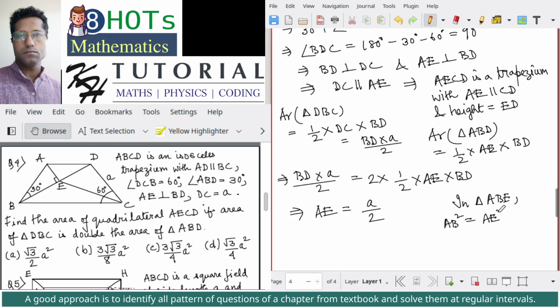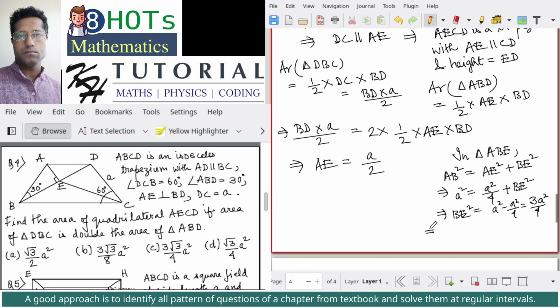AB is also A, so A square equals A square by 4 plus BE square, since AE is A by 2. So BE square is A square minus A square by 4, which is 3A square by 4. So BE is root 3 by 2 A.